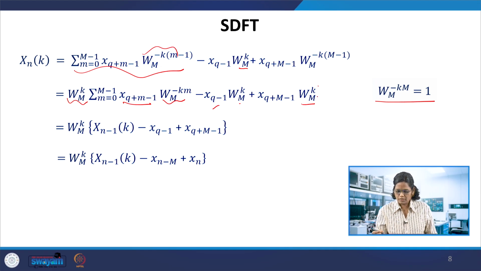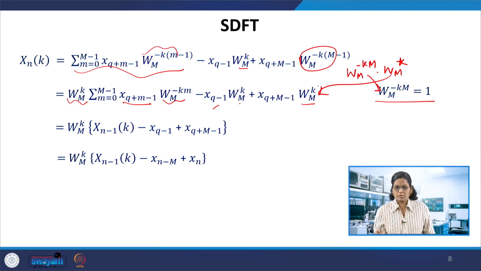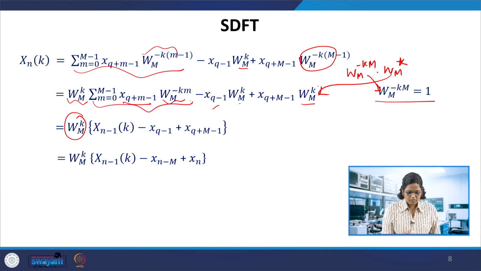Okay, so here this is fine. The first term can be m minus k m into w suffix m plus k. So this is going to be this term and here is this term. When we simplify that, the w suffix m k is the total factor, and if we take this one completely, it is going to be w n minus 1 k.